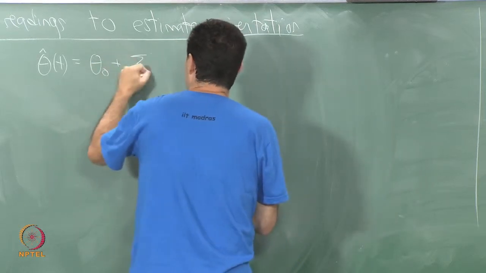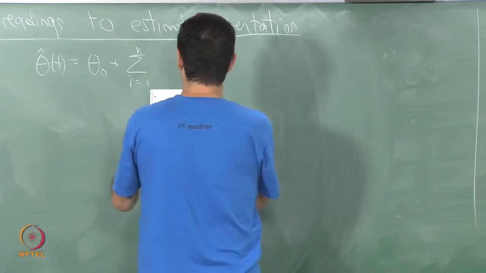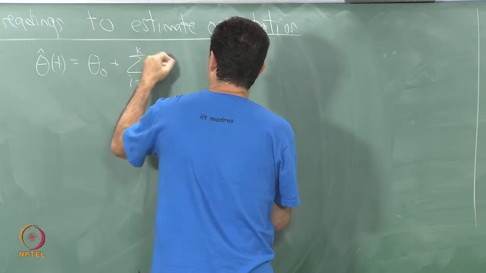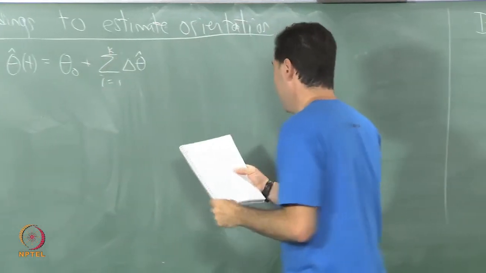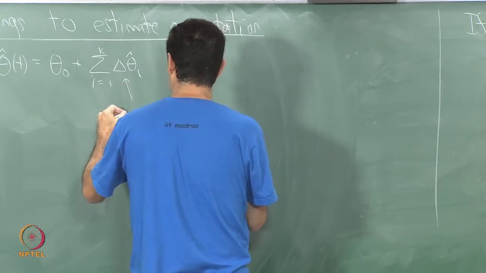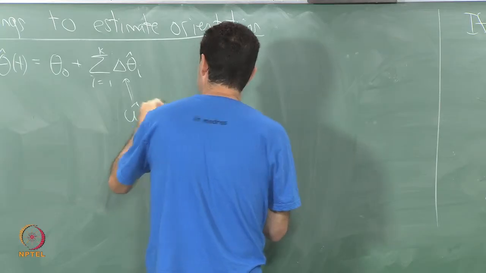So we have i goes from 1 to k. I wrote this before, and it will be the delta theta hat sub i. And you may recall that I said that that is equal to omega i hat delta t, correct?